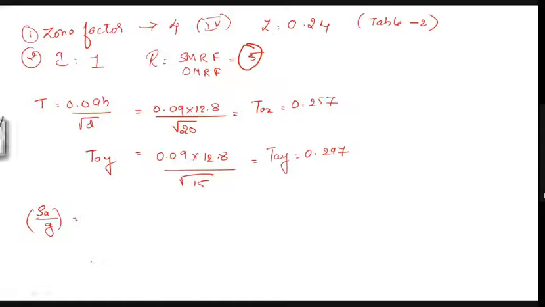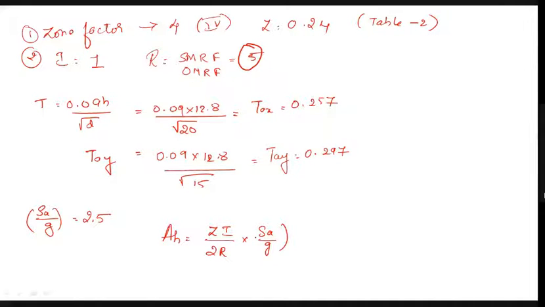Therefore Sa by g we have got is 2.5. Then we know the formula to determine the horizontal seismic coefficient, Ah. The formula is Z into I upon 2 times R multiplied by Sa by g.